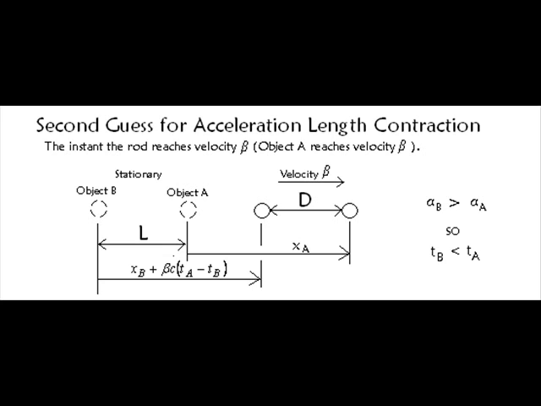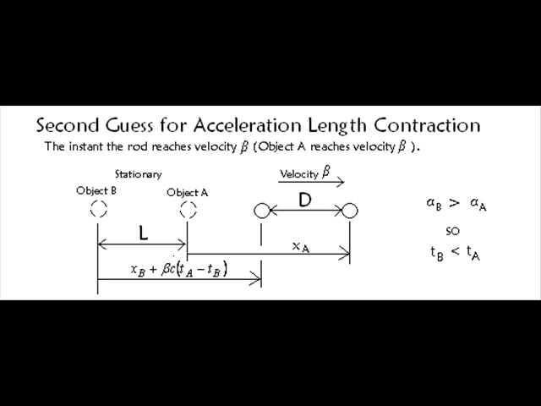Object B accelerates harder than object A. That means the time necessary for object A to reach velocity beta, t sub a, is greater than the time needed for object B to get to velocity beta, t sub b. So the time it takes for the rod of length L to accelerate to velocity beta is t sub a, the longer of the two times.